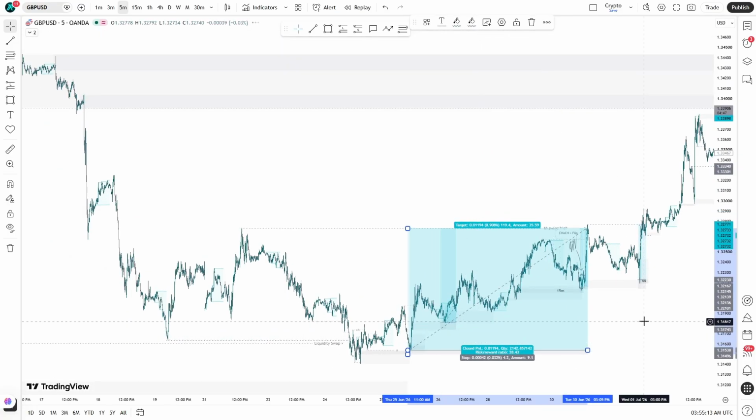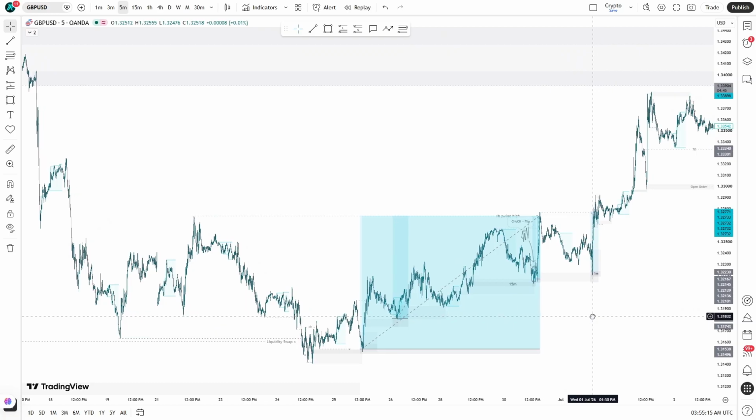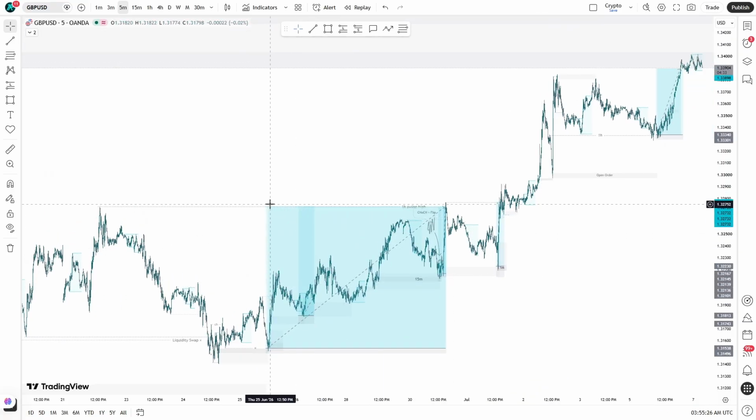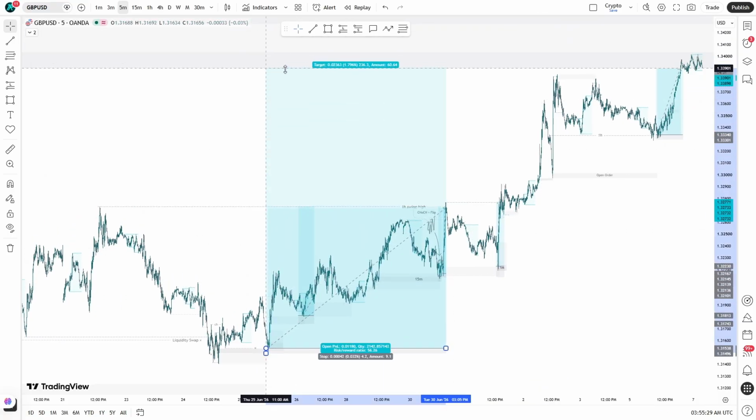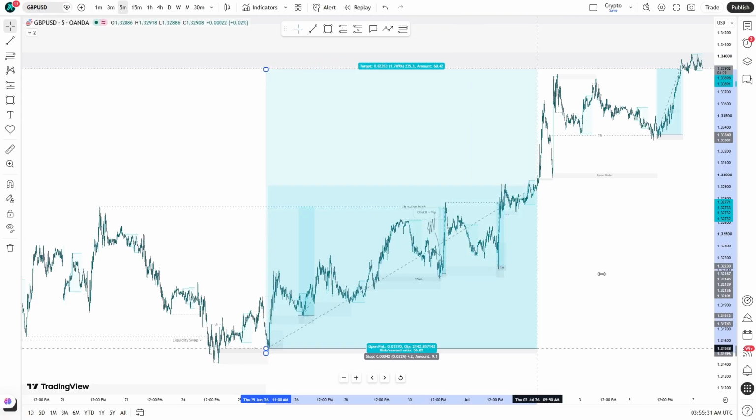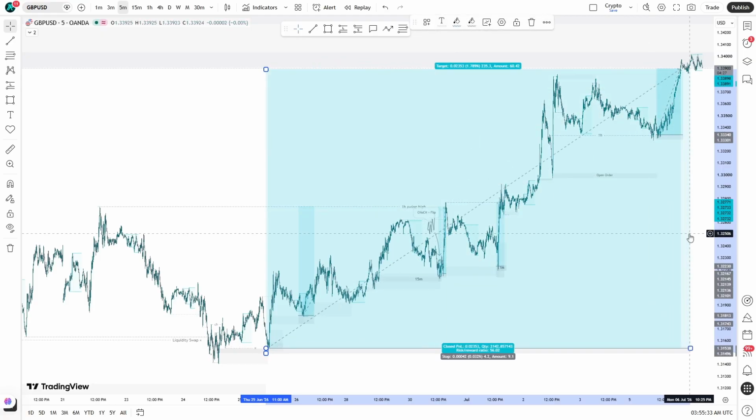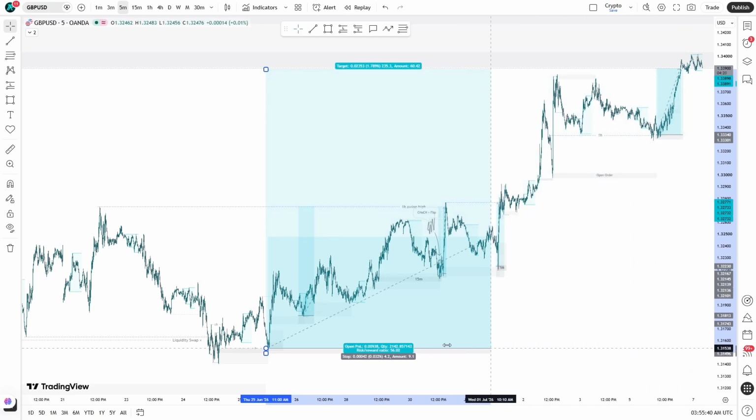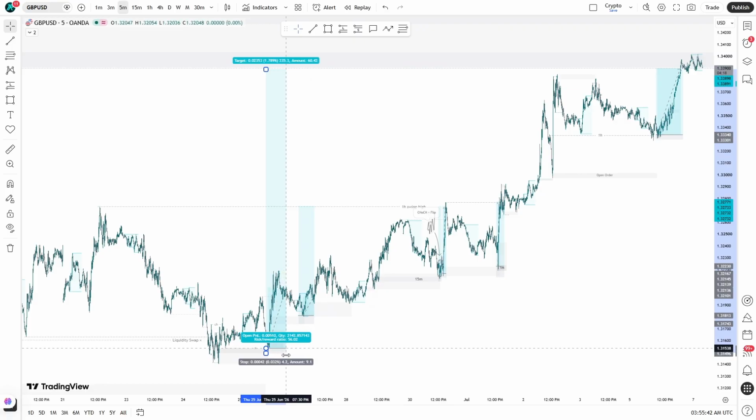So assuming we continue with our initial plan, targeting this higher time frame daily supply zone here, what we'll have as our total trade should be, let's see, 1 to 56. So we'll just stop it at this internal swing high here.